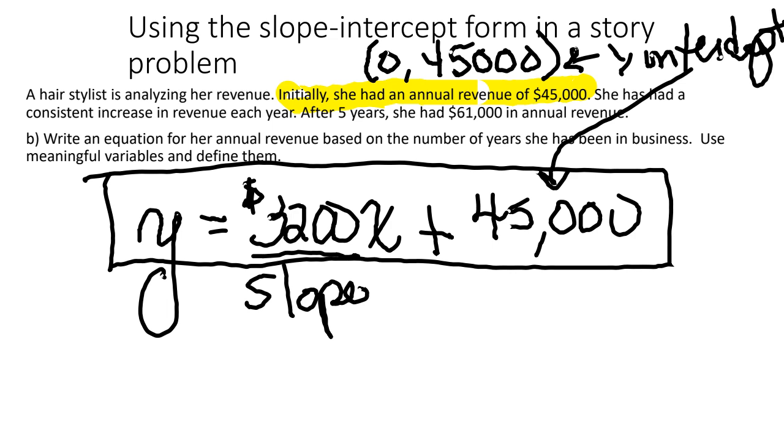Okay. And x represents the number of years she has been in business, which is 5 years.